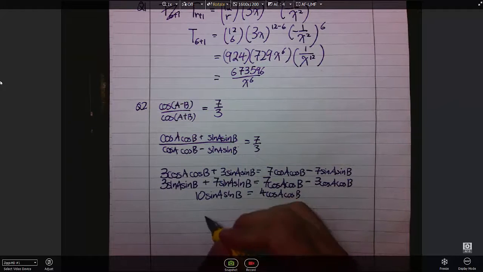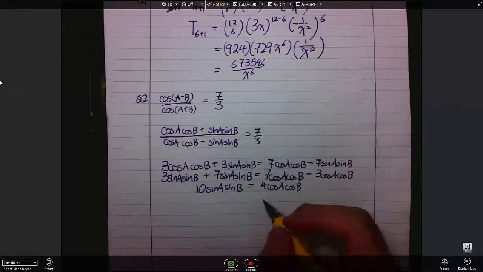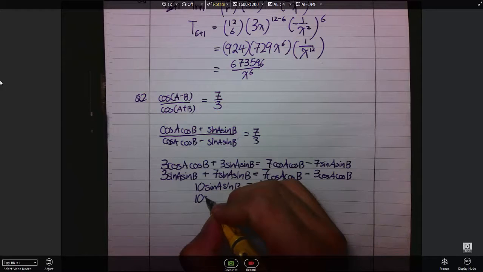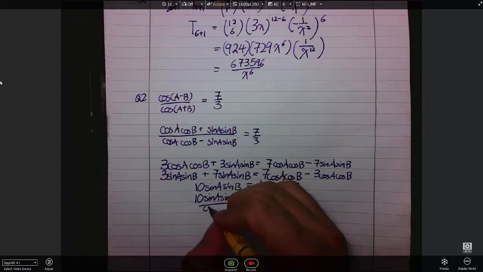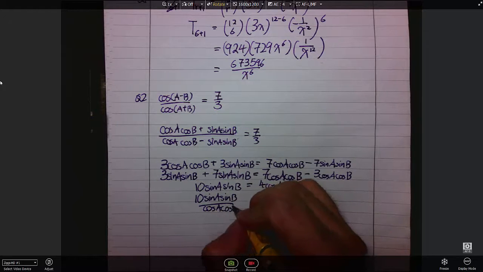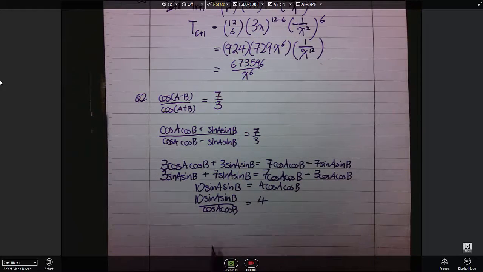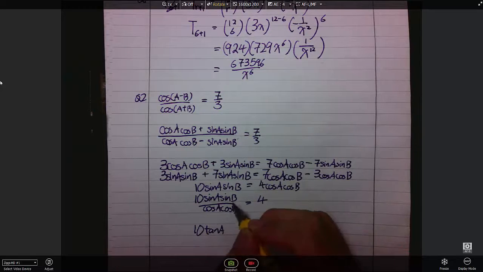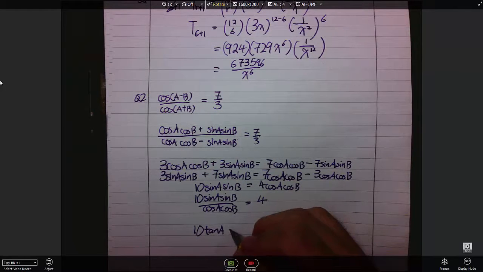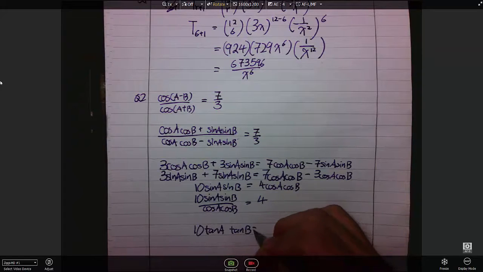Then if I divide both sides by cosine A cosine B, what I get is 10 sine A sine B divided by cosine A cosine B is equal to 4. Sine A over cosine A gives me tangent A. Sine B over cosine B gives me tangent B, equal to 4.